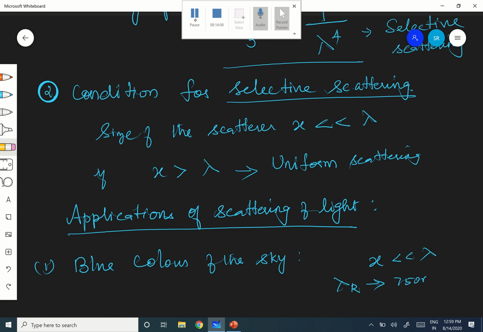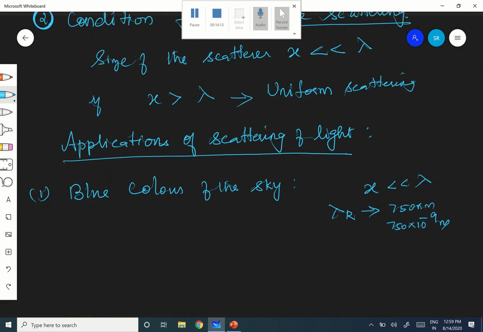A nanometer is 10 power minus 9 meter, so 750 into 10 power minus 9 meter. The other extreme color is violet, with a wavelength of around 380 nanometer.